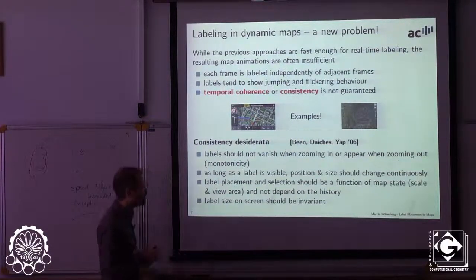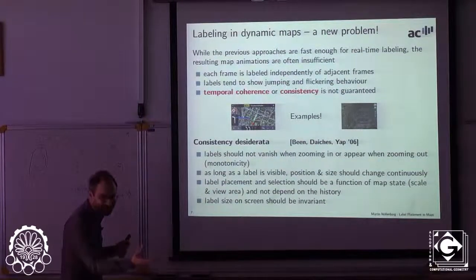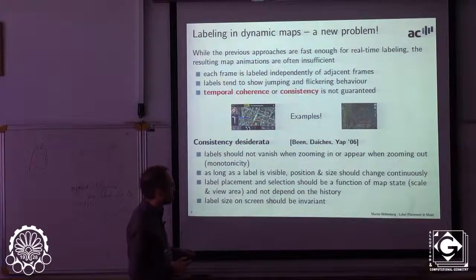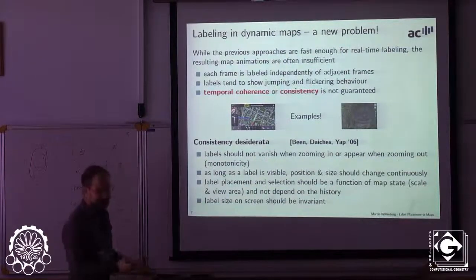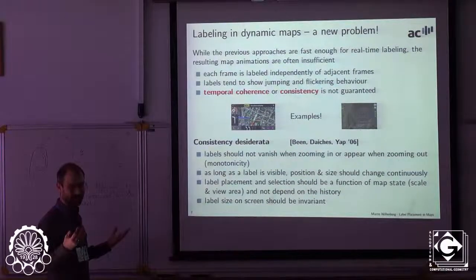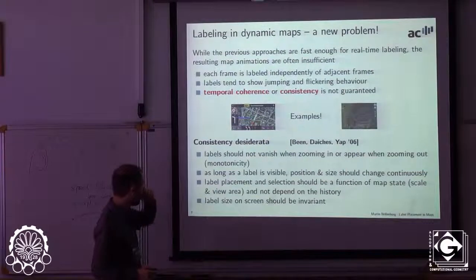But usually if a restaurant, for example, is at some scale and you zoom in, you don't want it to disappear. And when you zoom out, then it would be strange if somehow a label appears, because you want less information, you want more overview, and then suddenly more details come. They call this a monotonicity criterion.